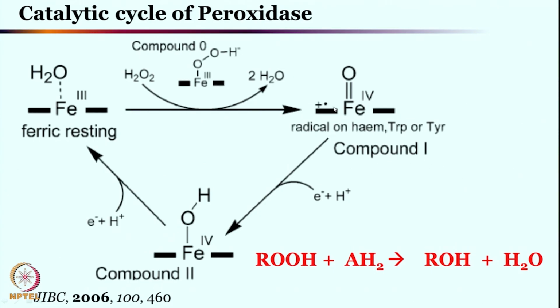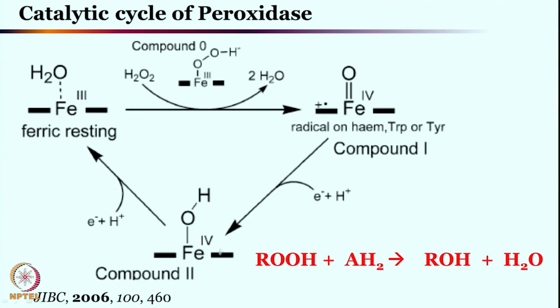So, the radical, as we have discussed in the last class, will usually be on the heme, or it could be on tryptophan or tyrosine. Overall, it would still require one electron and one proton, that means a hydrogen atom, to convert this high valent iron oxo into the iron 4 hydroxo intermediate. Okay.